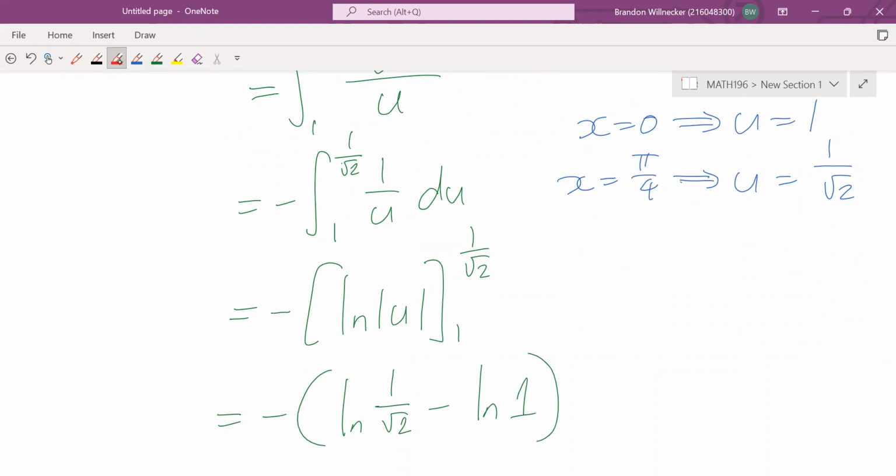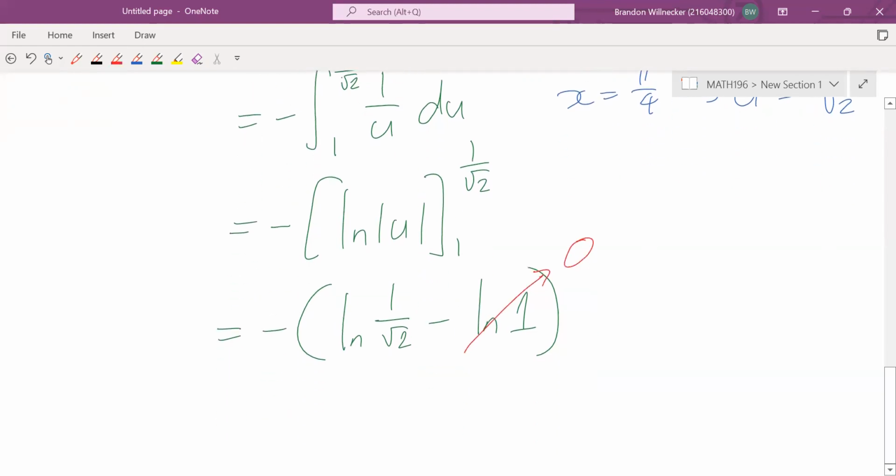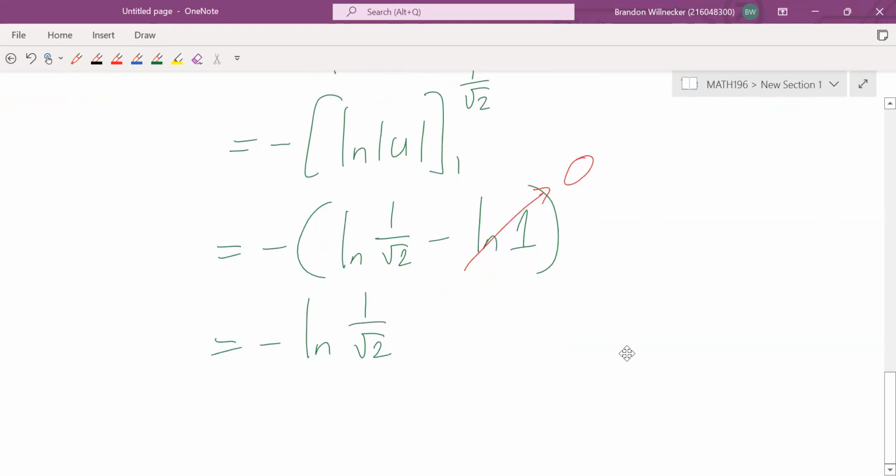But the natural log of 1 is just going to be 0, so that term we can get rid of. So we end up with minus the natural log of 1 over root 2. But we can just use our log rules to simplify this. This is going to be minus the natural log of 2 to the minus 1/2.